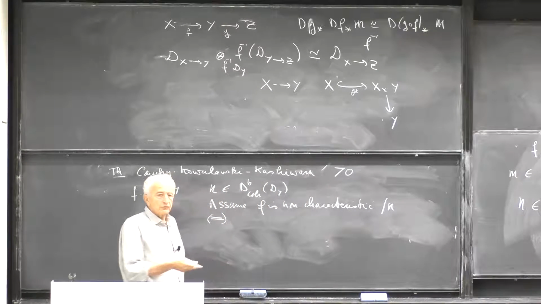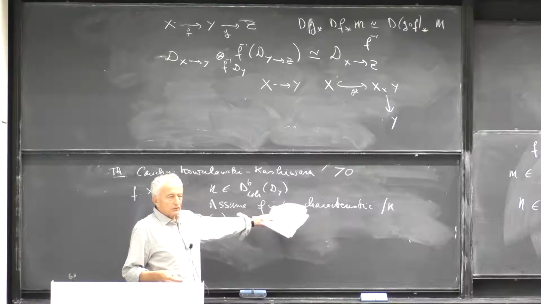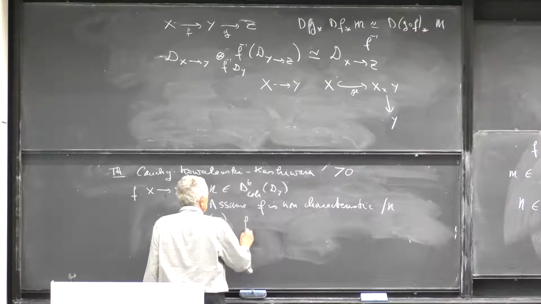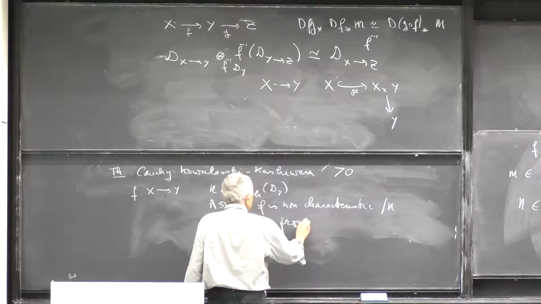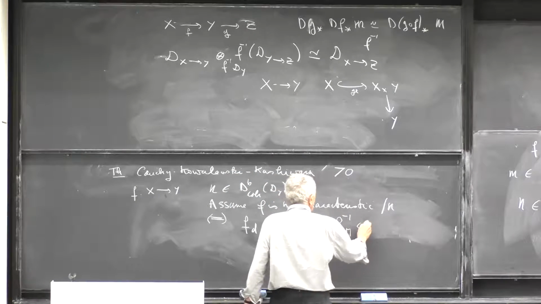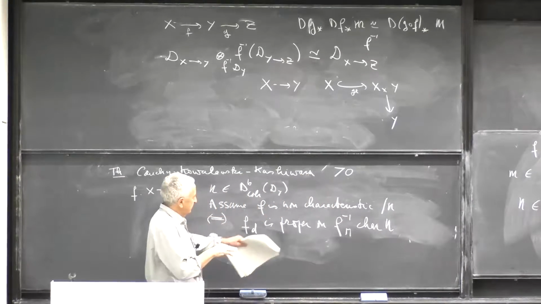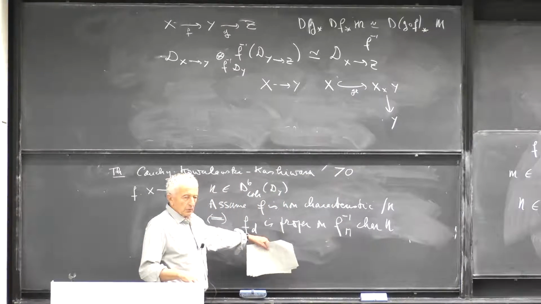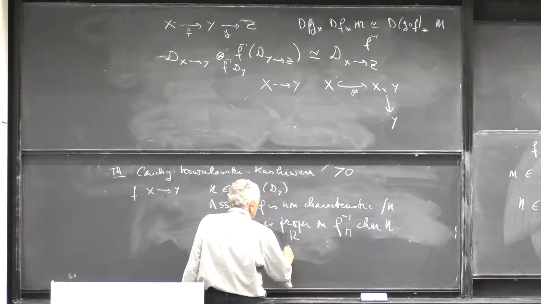And in fact, the definition for sheaves was inspired by the definition for D modules. It means that f_d is proper, if you remember, on f_π^{-1} of the characteristic variety of N. And this is a map of a vector bundle. Proper, in this case, is equivalent to finite.